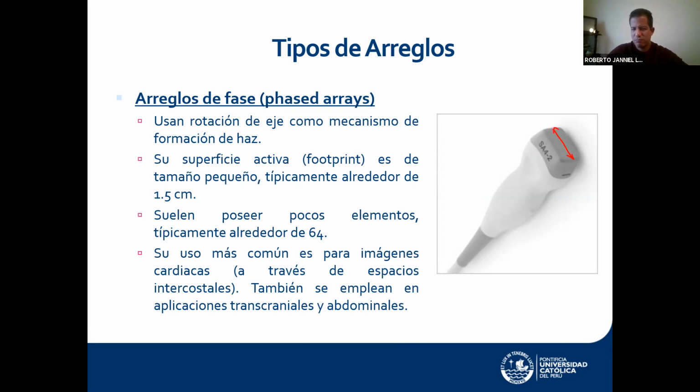Actually, that's overdoing it, because it's very unlikely that the actual array goes exactly all the way to the edge of the case of the transducer, but you kind of get the point. That footprint is roughly 1.5 centimeters. These are very small arrays that are typically used in intercostal spaces, because this is typically used for cardiac imaging.